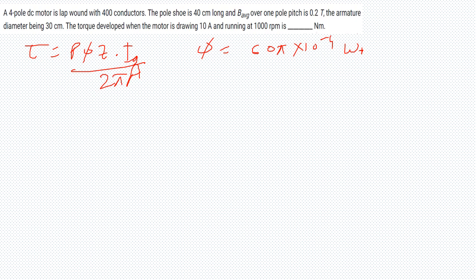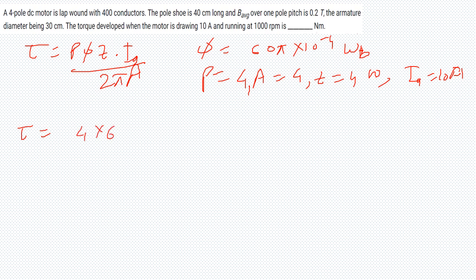P is equal to 4 and A is also 4. Z is 400, and Ia is 10 amps. So you can substitute these values.